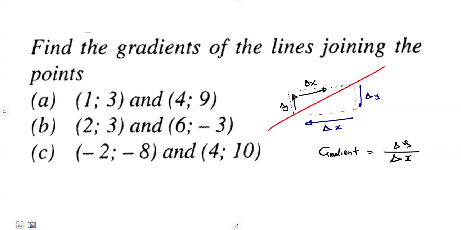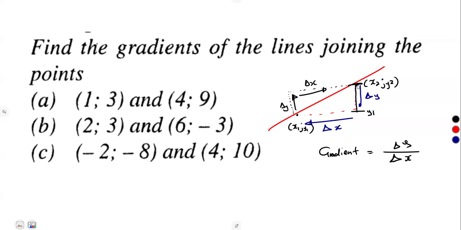Let's say there is a point here which we refer to as x1, y1, and a point here which we refer to as x2, y2. The change in y is the difference on the y values.